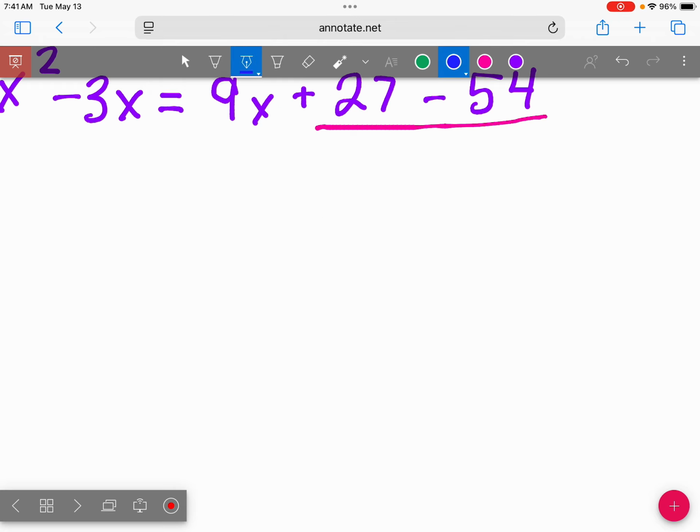We've got our x squared minus 3x equals 9x. 27 minus 54 is a negative 27.